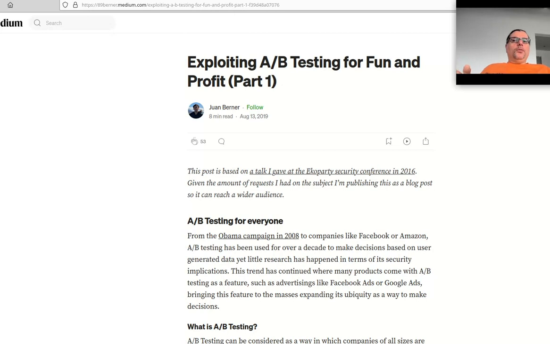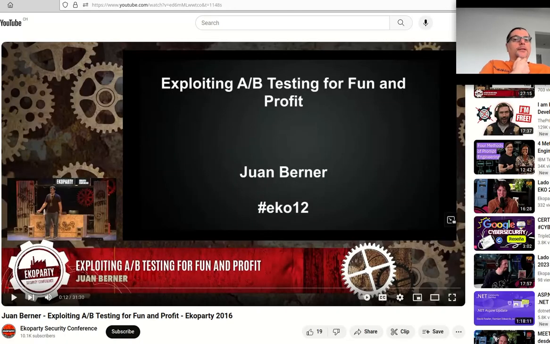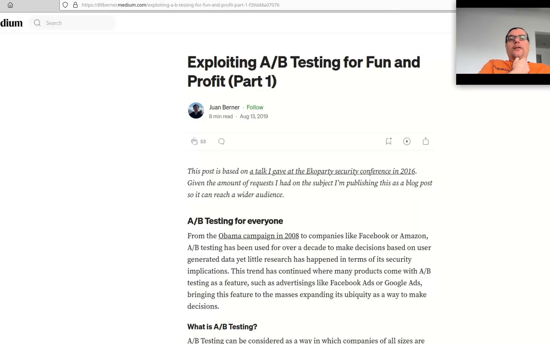Try to be 100% sure that the session and the failover are considered, that you keep the persistence, and think about how you reconstruct the logs for understanding what is happening in terms of an incident. And consider, for example, that this talk about exploiting A/B testing is still valid, even if it was a talk in 2016. I think it is even more valid right now, because A/B testing is a standard de facto.